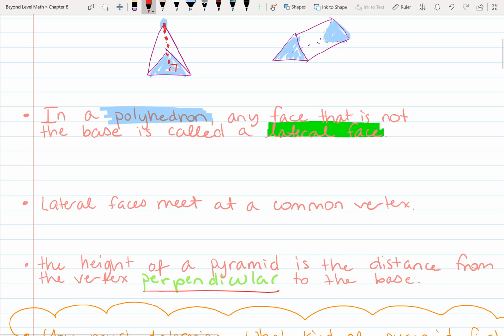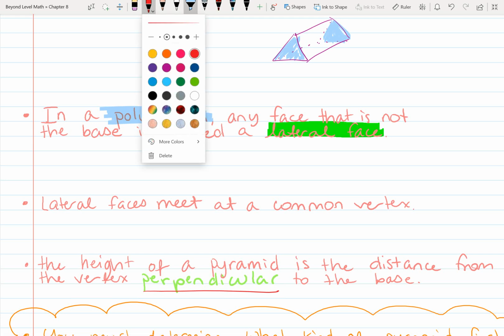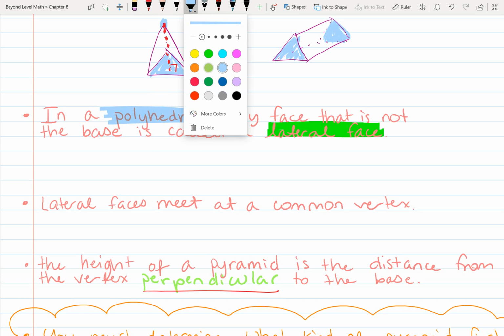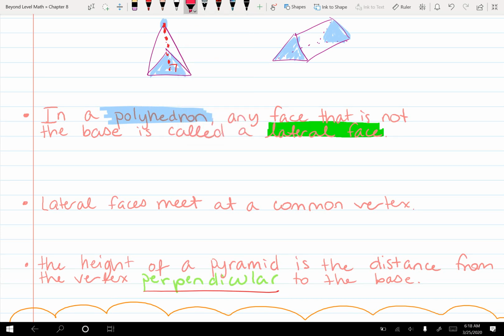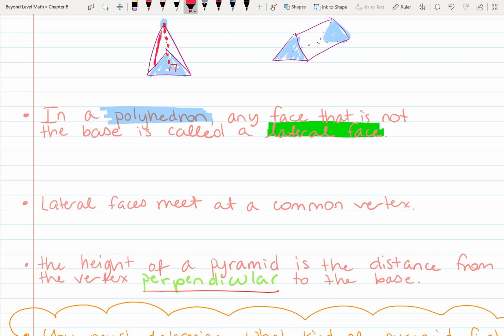I'll tell you, we're talking about the distinction of that now, because as we move forward, we're going to be looking at another formula where they'll give us the height of the lateral face. So if you'll notice the difference between my dotted line, which is the height of the pyramid, and my slanted line, that's my slant height, it is not the same thing.